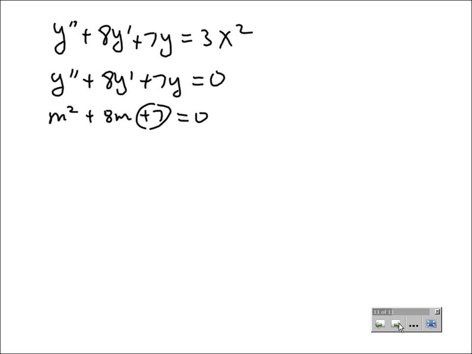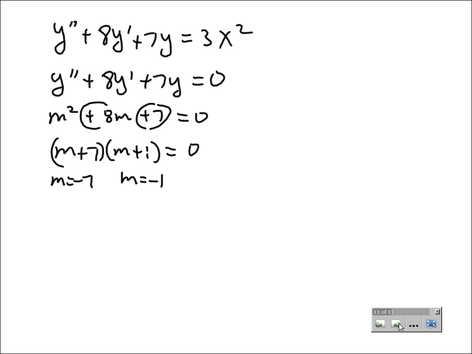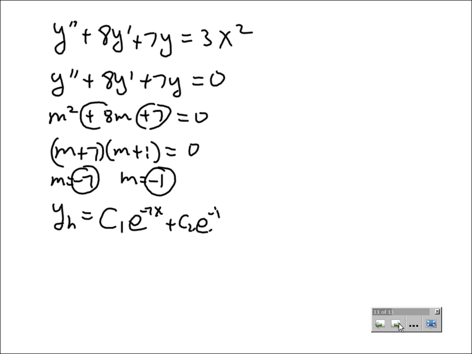When two numbers multiply to 7 and add up to 8, it isn't hard. Positive 7 and positive 1 do a good job. So m is negative 7 or m is negative 1. So the homogeneous solution will be c1 e to the m1 x plus c2 e to the m2 x, e to the negative x. That is the homogeneous solution.